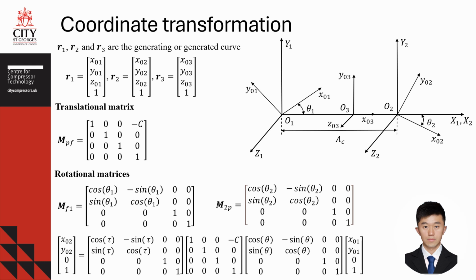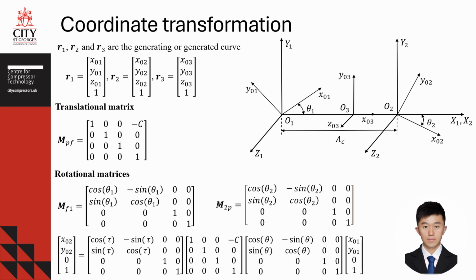Since the two rotors rotate in opposite directions, one clockwise and the other counterclockwise, specific rotational matrices are used for these transformations. For instance, if R1 represents the generating curve, R2 can be derived through a series of transformations.